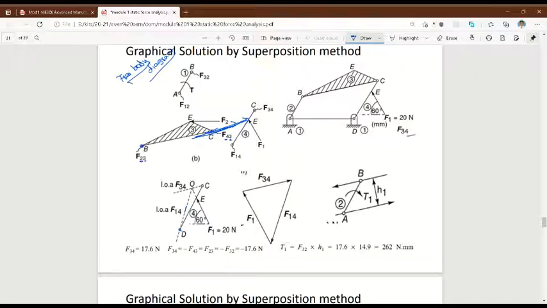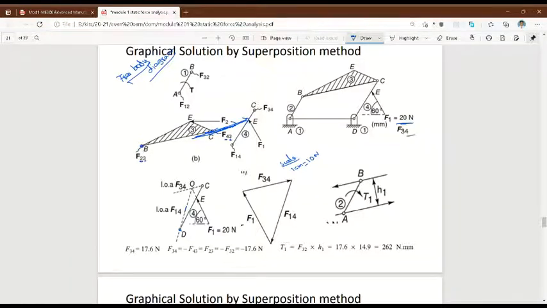Now we have to draw the force polygon diagram. We know the value of F1. The F1 value is 20 Newton. So draw this force polygon diagram with the scale 1 centimeter equal to 10 Newton.